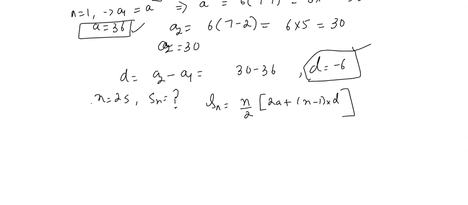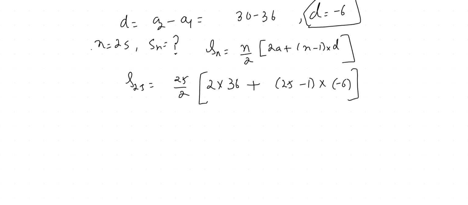S25 is 25 by 2 into 2a, a is 36, plus n minus 1, 25 minus 1, into d. d is negative 6. So that will be 25 by 2 into 2a plus 24 into negative 6.